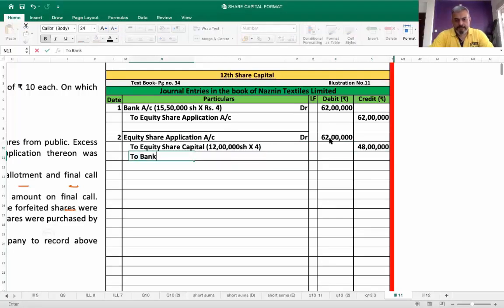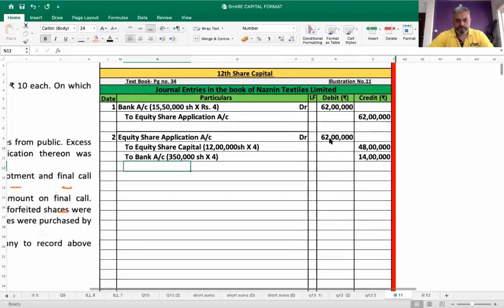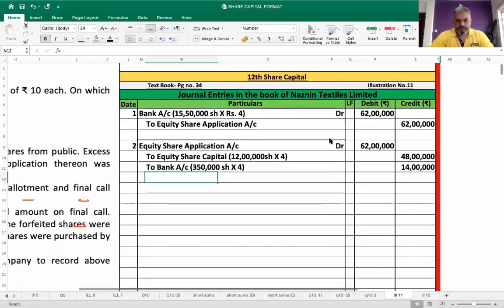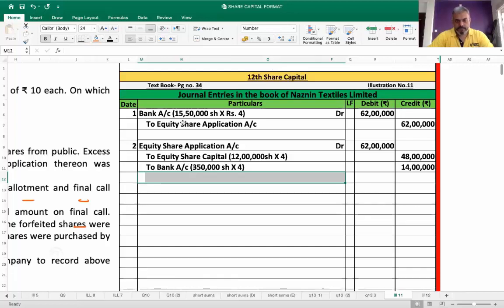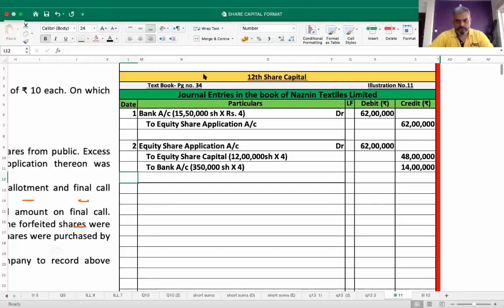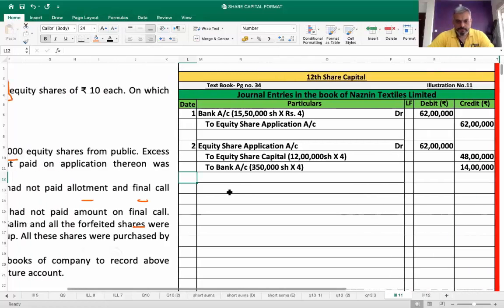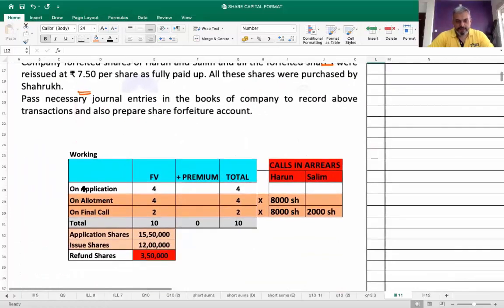To bank account, refund for 3,50,000 shares, 14 lakhs. Close the entry. Now share application is done. Okay, refund entry passed, transfer to capital passed.